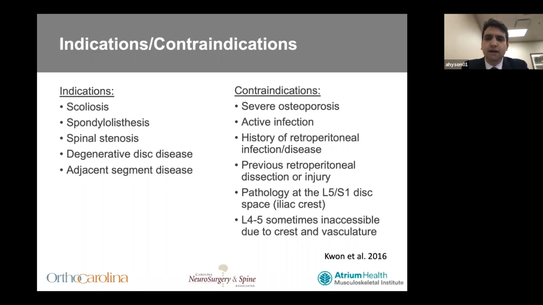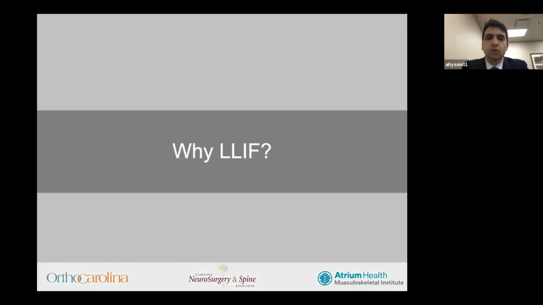Again, pathology at the L5-S1 disc space is hard to approach as you have the iliac crest preventing your trajectory. Occasionally, the L4-5 disc space can be affected by this as well and can sometimes be inaccessible due to laterally traversing vasculature.